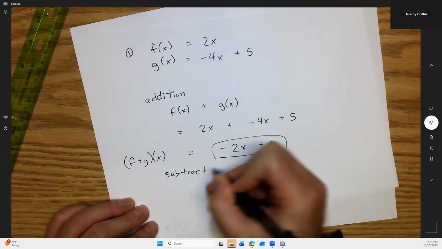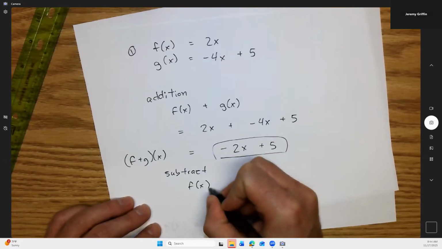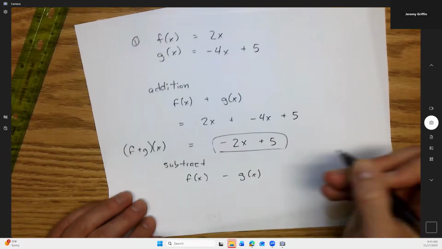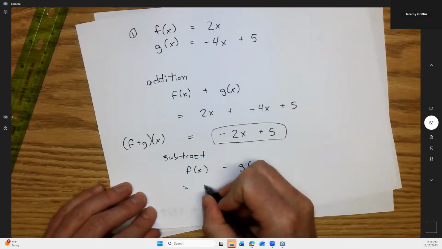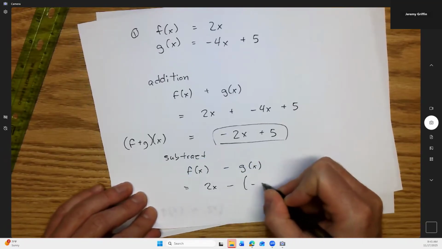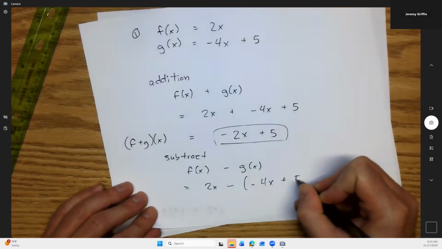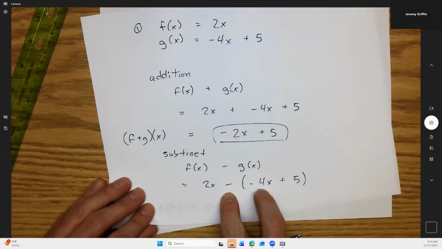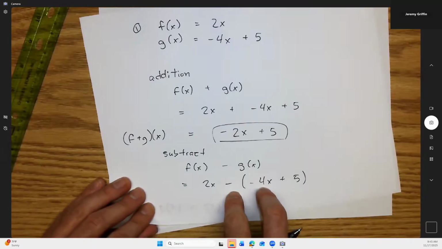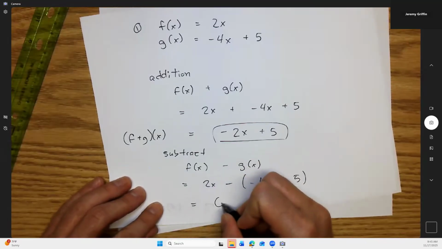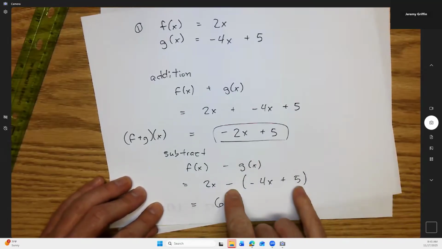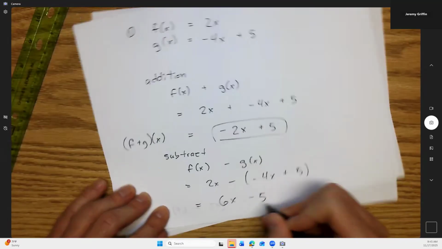How about subtraction? What's f of x minus g of x? Well, this is really similar. So it'd be 2x minus negative 4x plus 5. Now you could distribute this negative. If you subtract negative 4x, it's the same thing as adding 4x. So wouldn't that give you 6x? And then it would subtract off this 5, so minus 5.